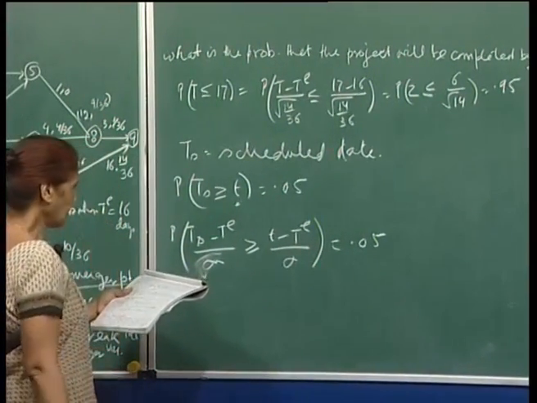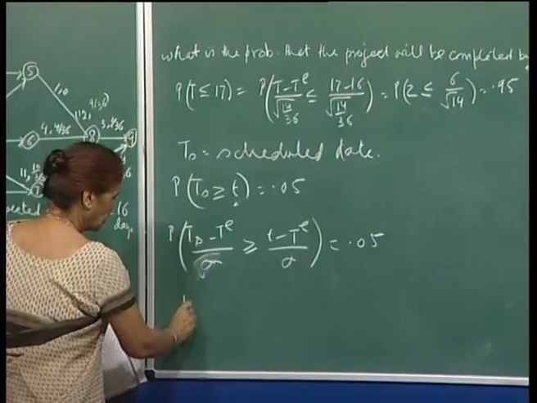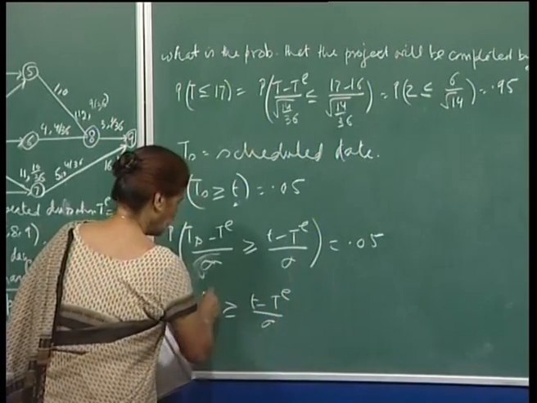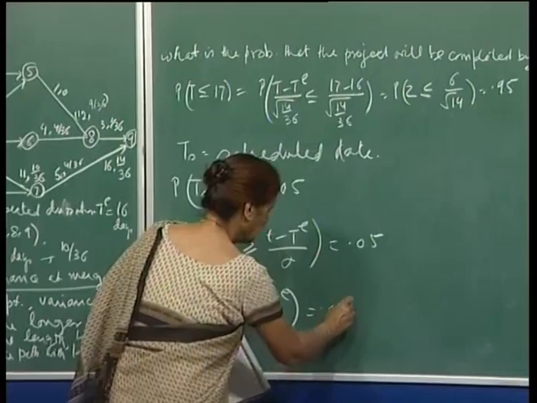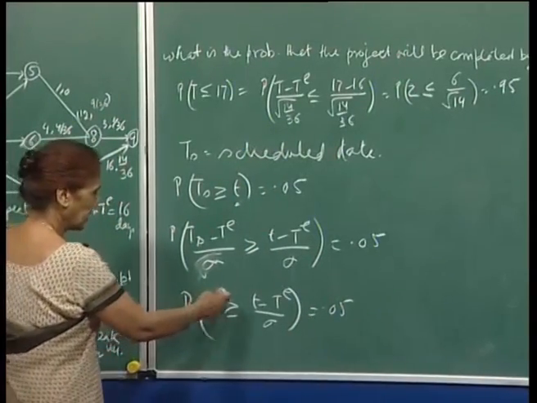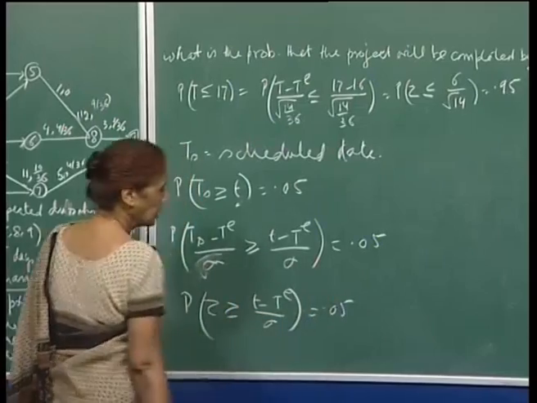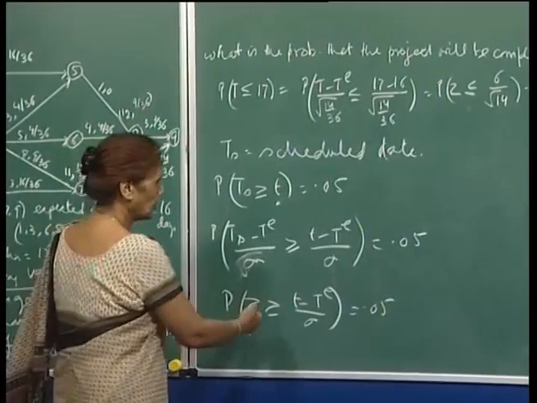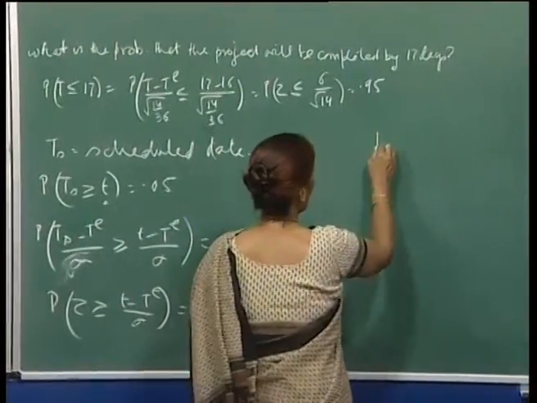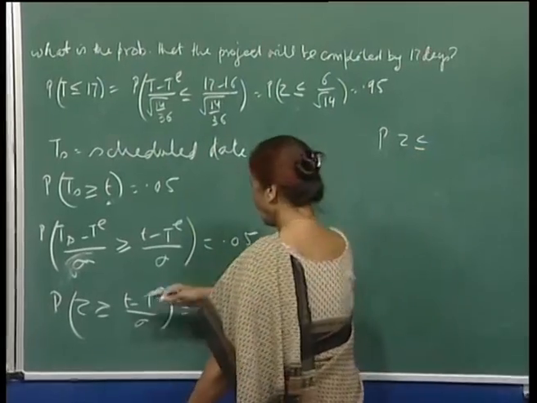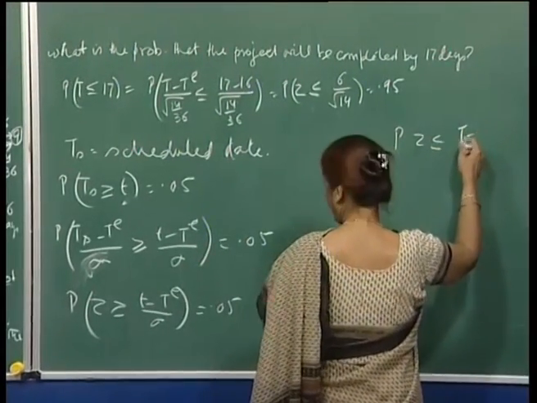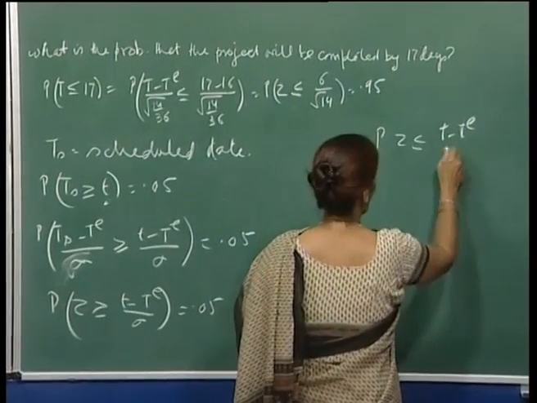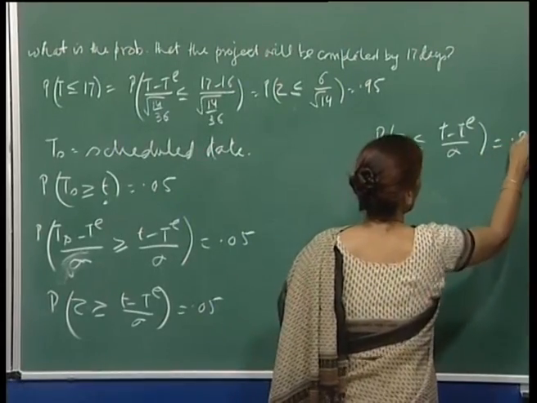This is a standard normal variate. So, you are saying probability z less than or equal to (T minus T e) upon sigma should be equal to 0.95, because the complement of this is 0.05. You can read it from the normal tables whichever way you want.